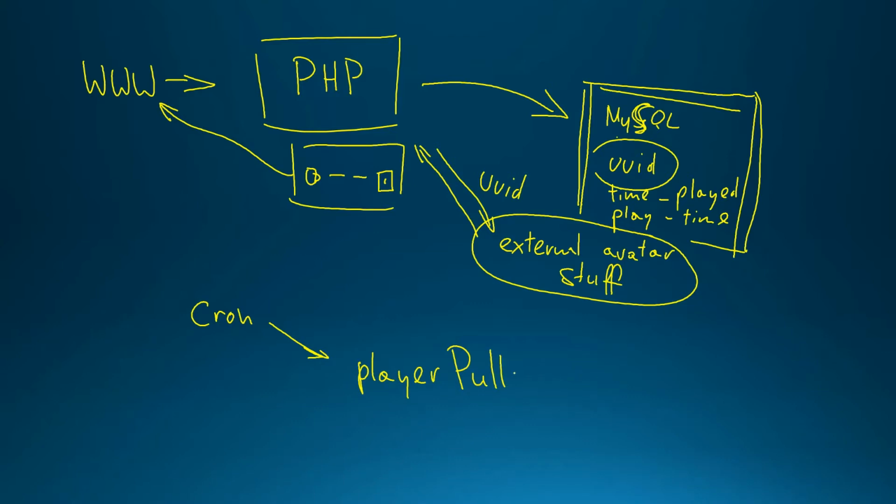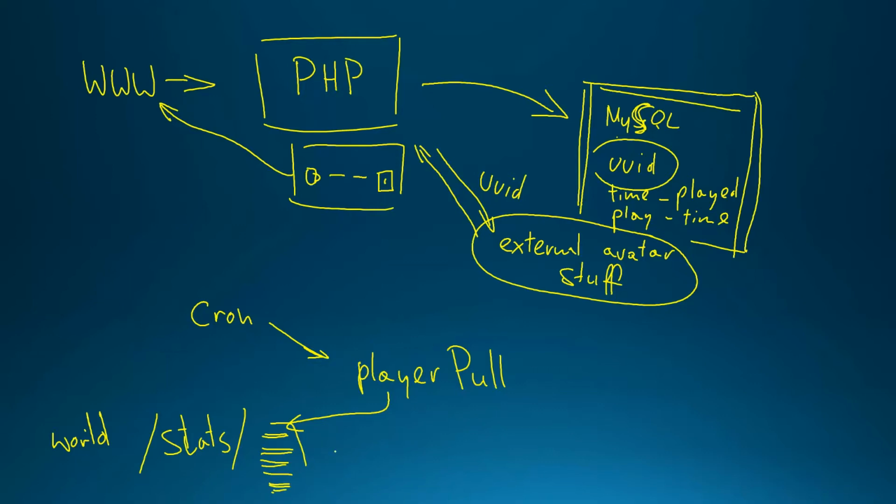This player pool script goes to the Minecraft database. Well, not Minecraft database, it goes to the stats file. So every world has a stats folder that tells you how many times a player opened the barrel and stuff like that in this world. And every player has their unique file.